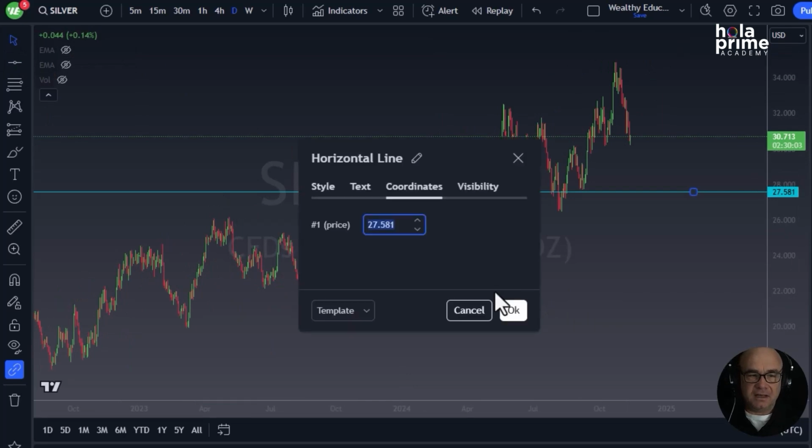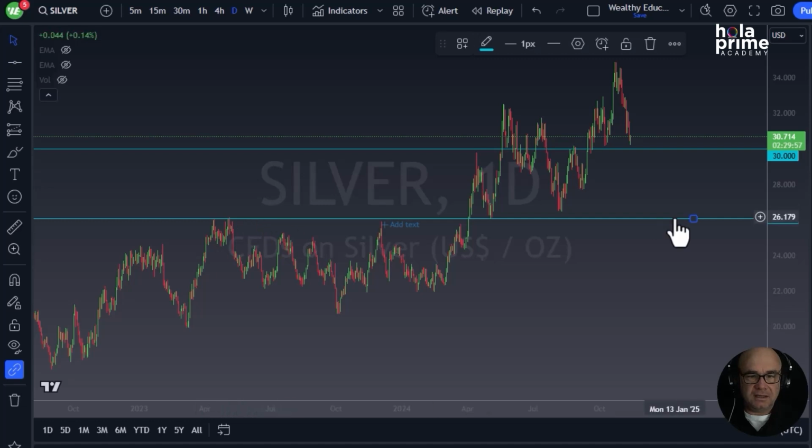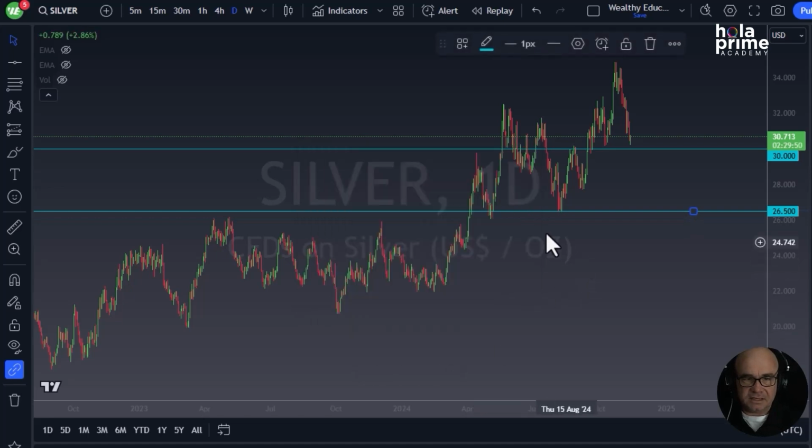So let's go ahead and put in the obvious $30 level. Let's put in a level here, which in this case looks like it's going to be $26.50. Remember, I said these mid-century levels can be important sometimes. So where else?